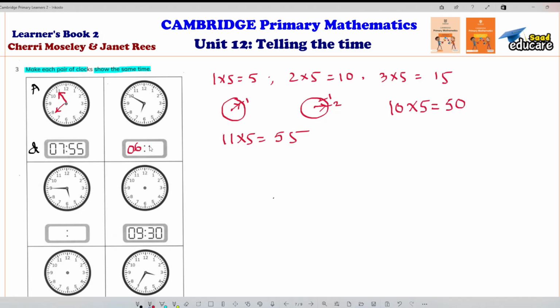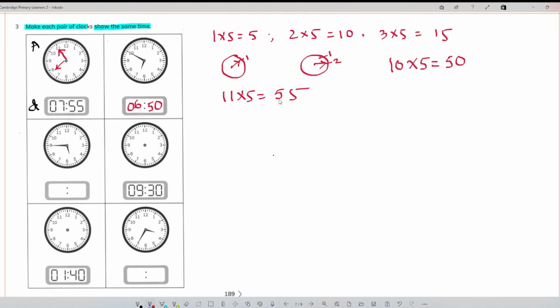So we can write 50. Okay, now next one, the hour is between 6 and 5, it means it's 5, and the minute on 9. 9 means what? 9 times 5 is 45. So we can write this is 45.